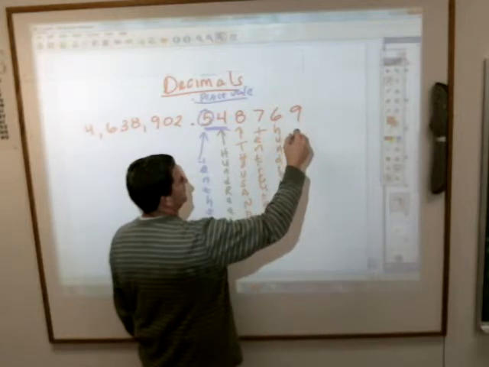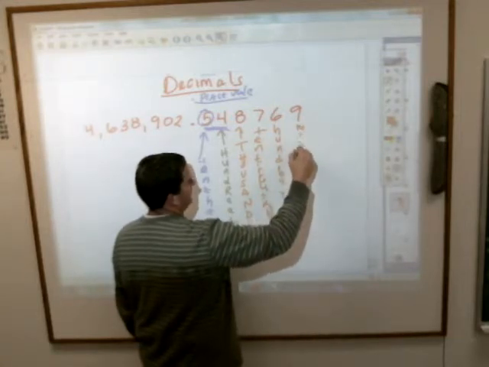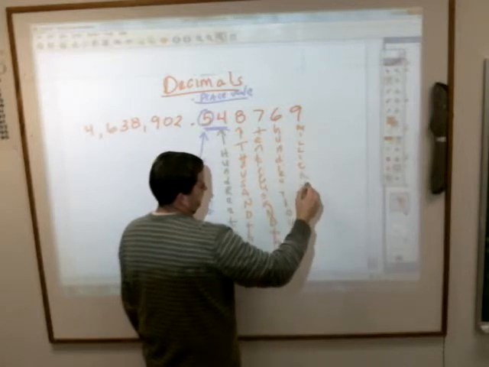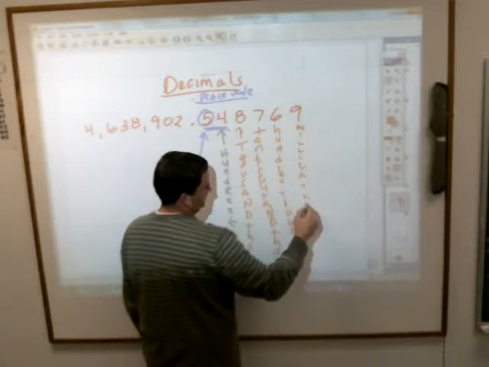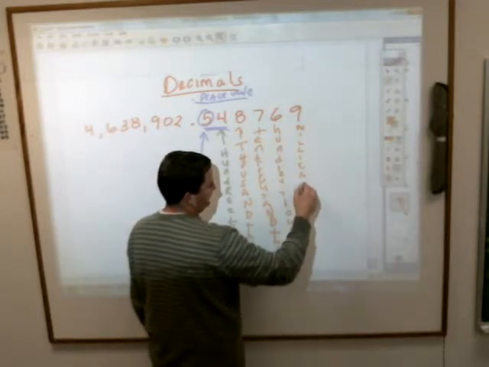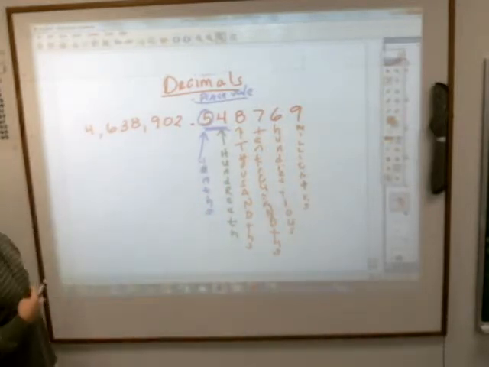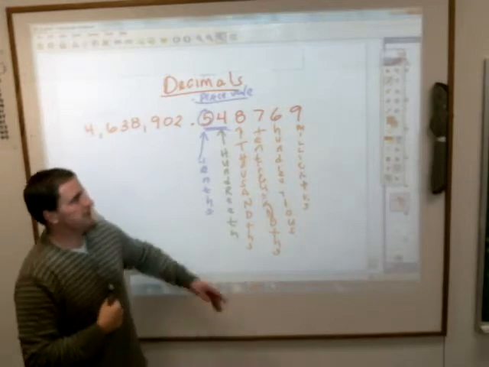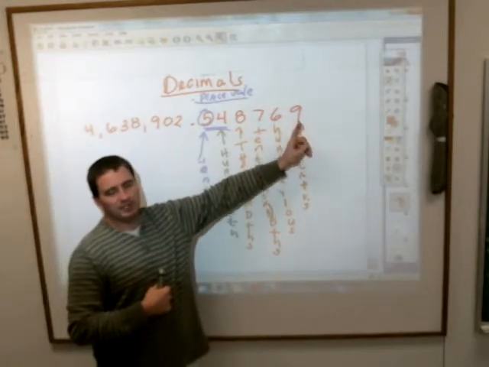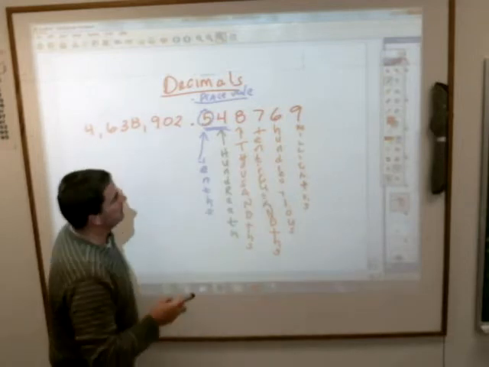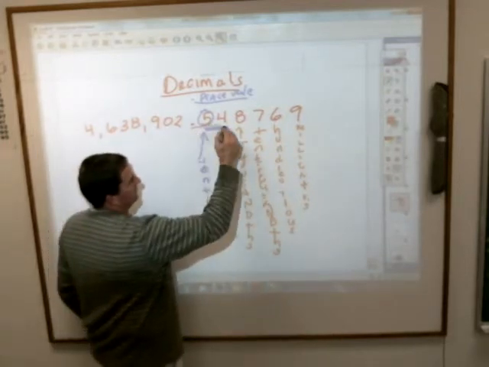And then this one here is the millionths. And if you try to cut something into 1,000,000 pieces and you only get 9 of them, that's a pretty small part. Like I said, in money, we only go this far.